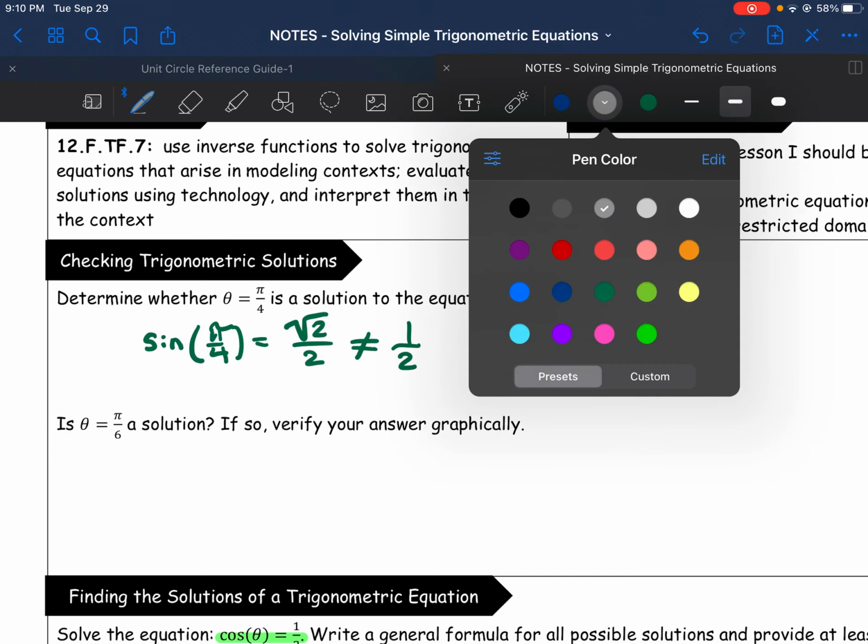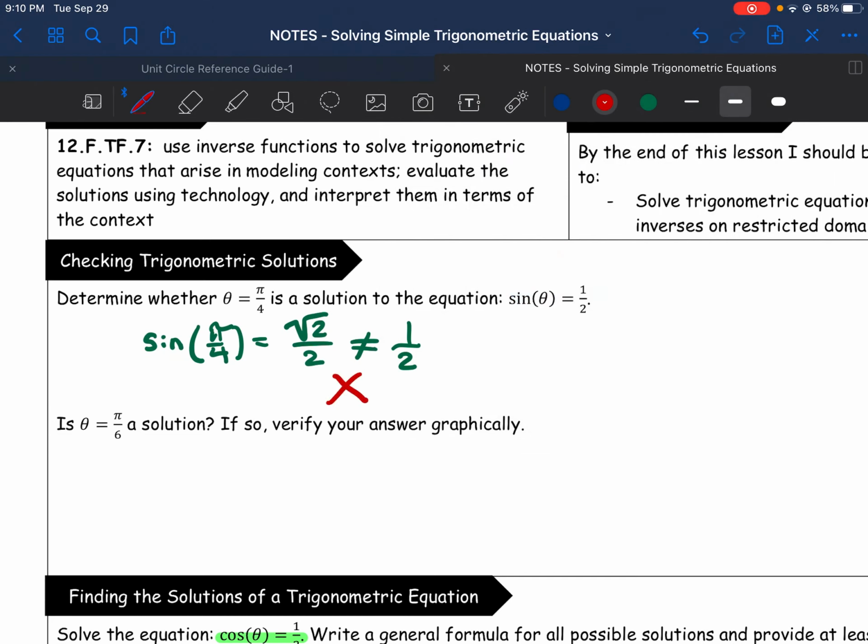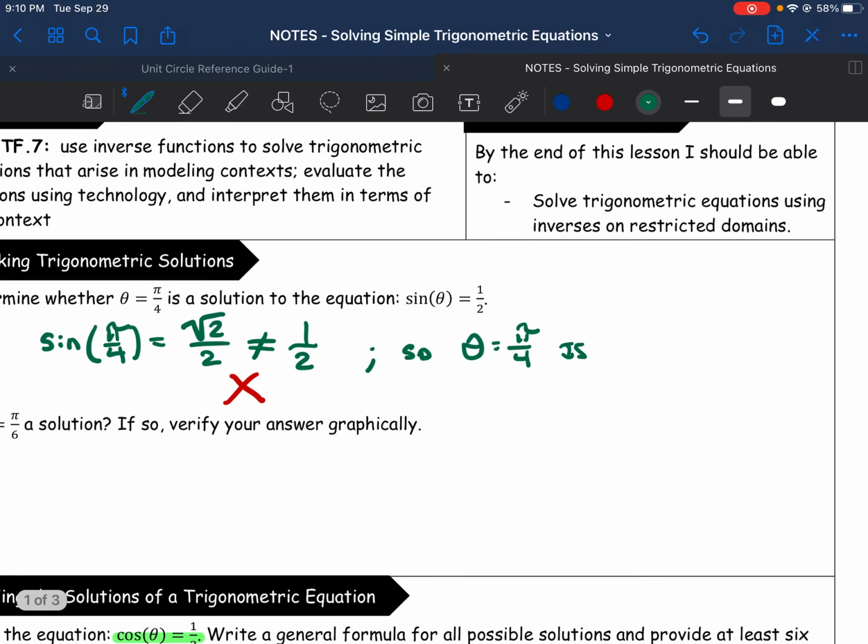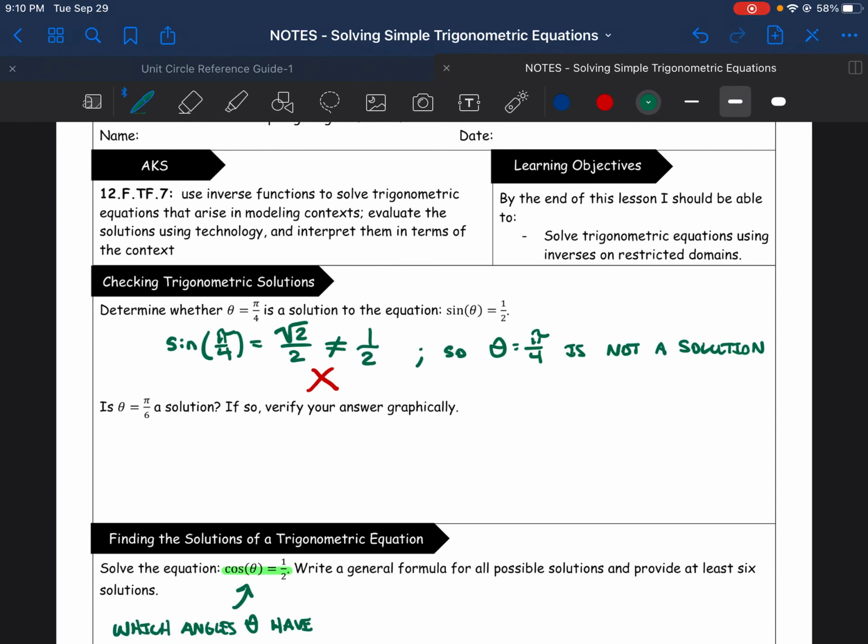So what that tells us is that theta equal pi over 4 is not a solution.